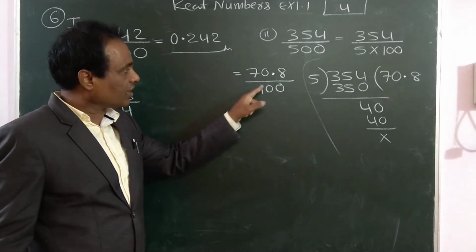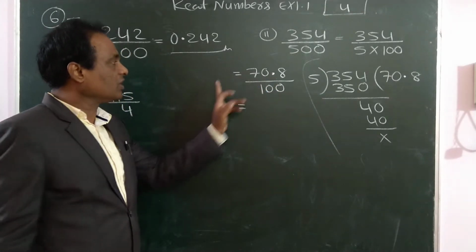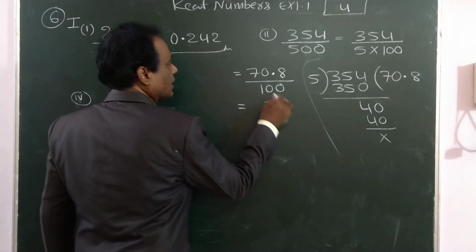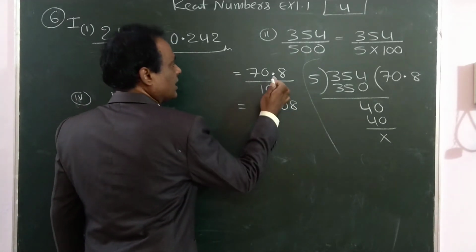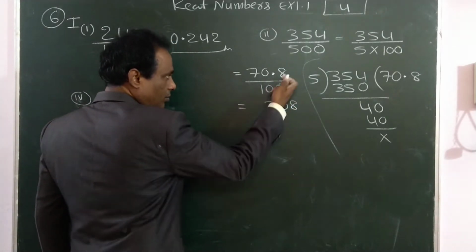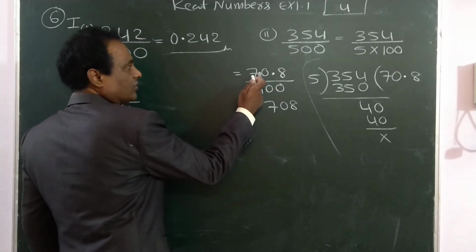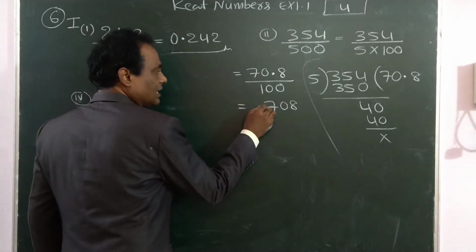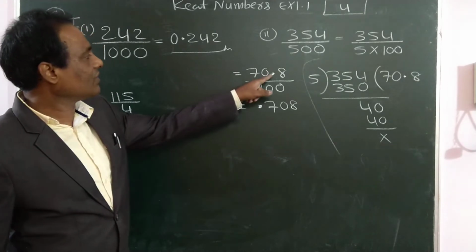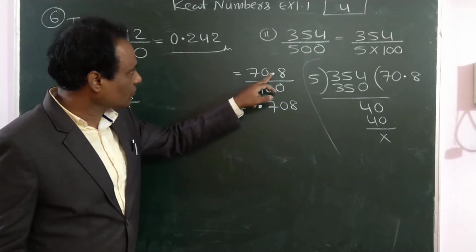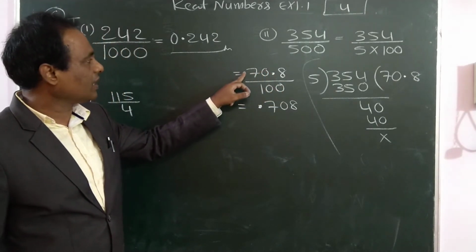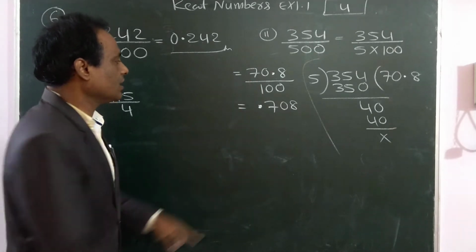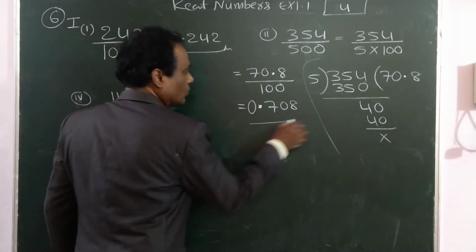When 2 zeros are removed, the decimal should move 2 more places: 1, 2. The decimal is here. If there is nothing here, we can take 0, so this is the answer.